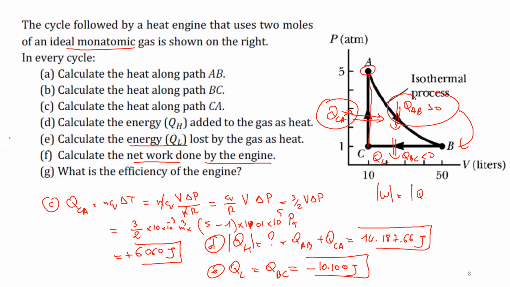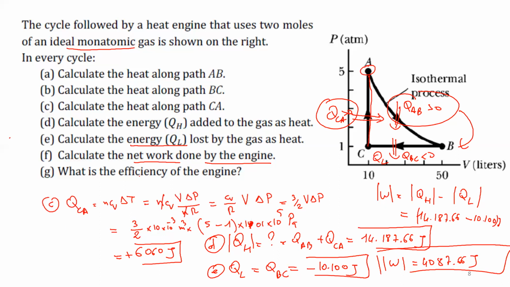It's just the absolute value of QH minus the absolute value of QL. So it will be 14,157.66 minus 10,100 joule. So this work, the absolute value of work, of course, work is positive, will give you 4,087.66 joule. This is the work.